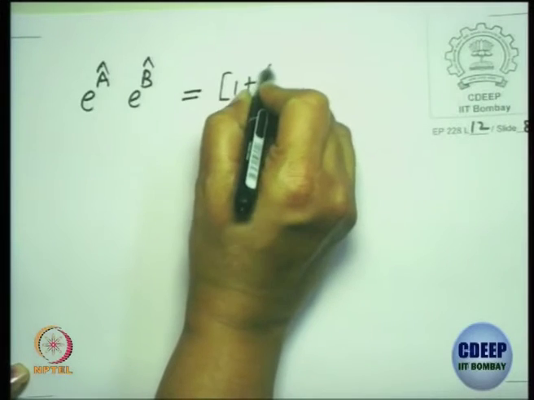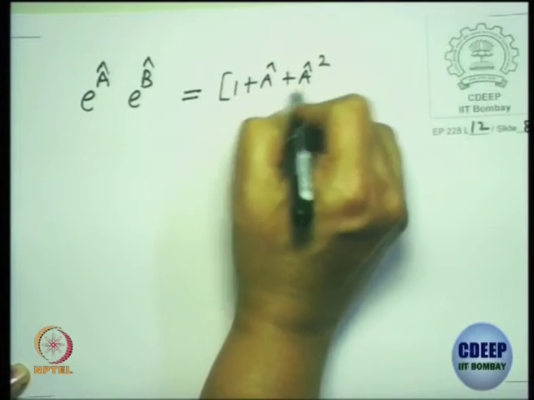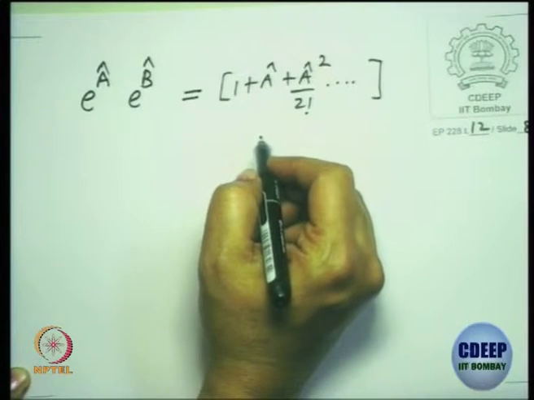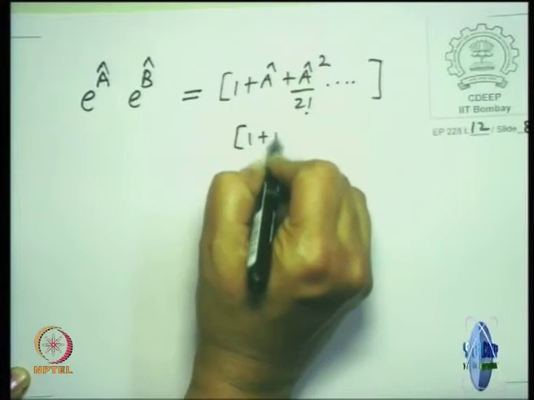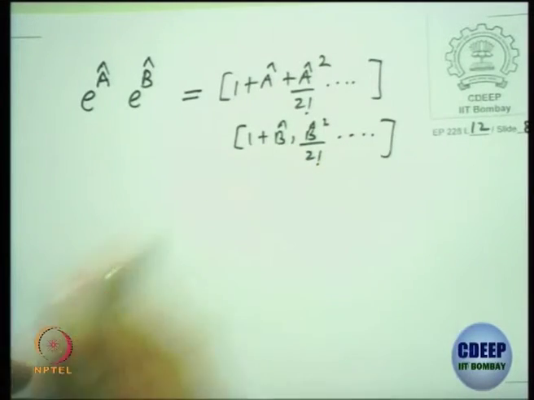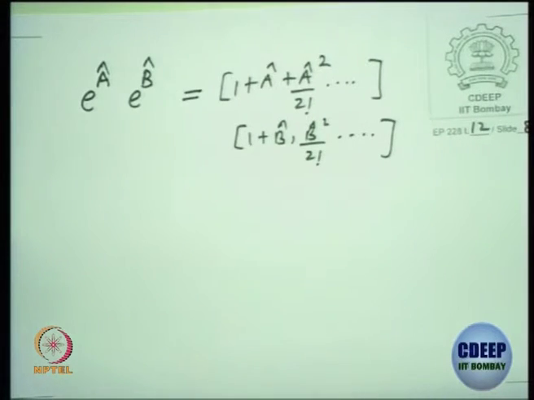So this one you have to meticulously write. Why are we doing this? Order matters. Unlike in classical mechanics, where you could have written e to the a plus b, you can't do it here. You have to be careful.